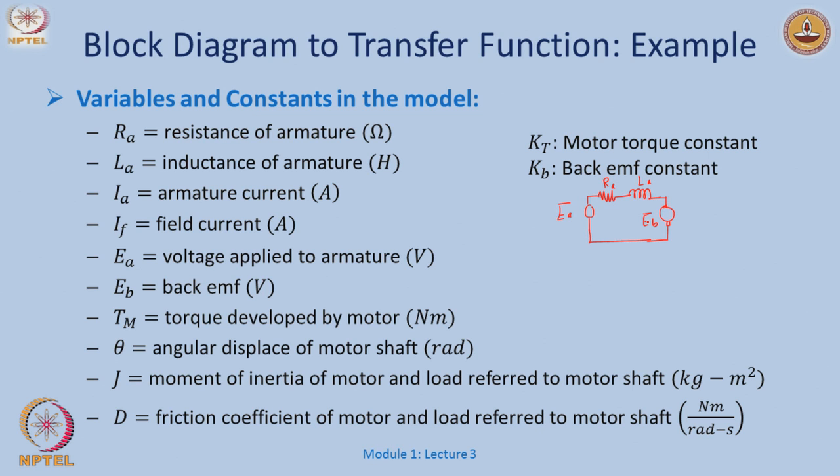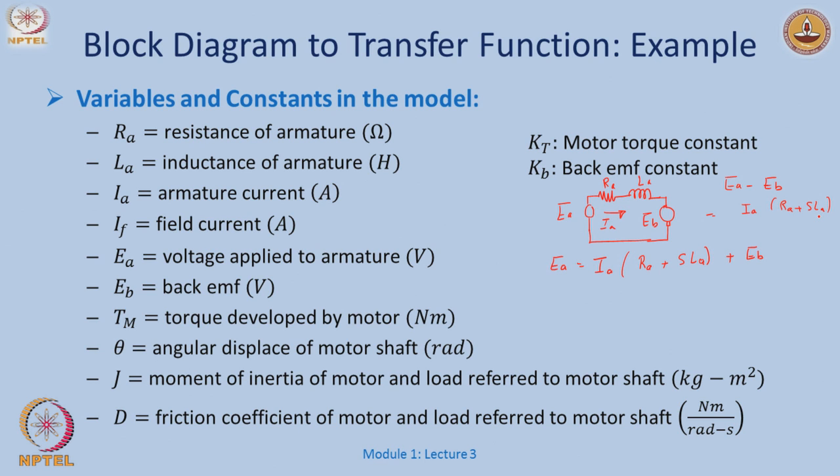So, the first of my equations, if I were to write it down, would be Ea equal to, if I call this Ia from these notations here, Ia times Ra. Okay, I write everything in the Laplacian domain: Ra plus s La plus Eb, or Ea minus Eb is Ia times Ra plus s La.